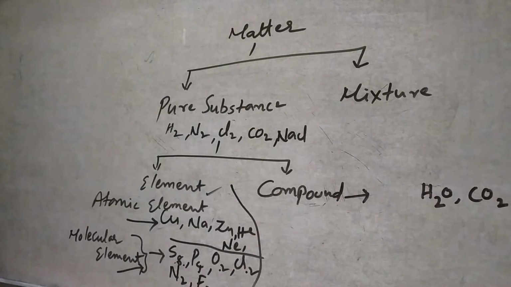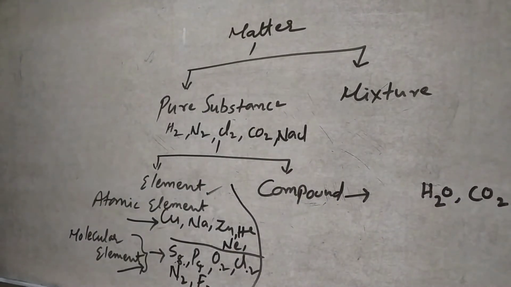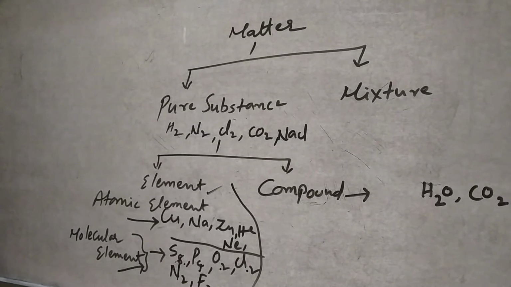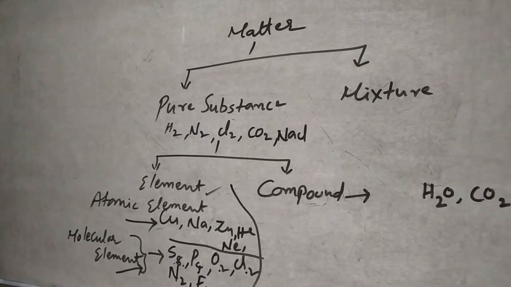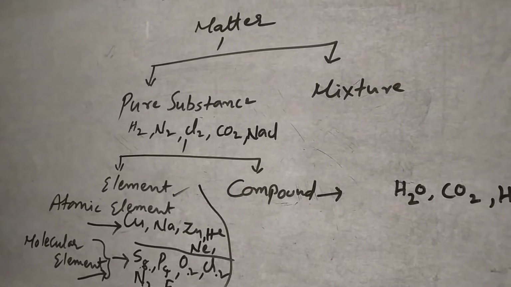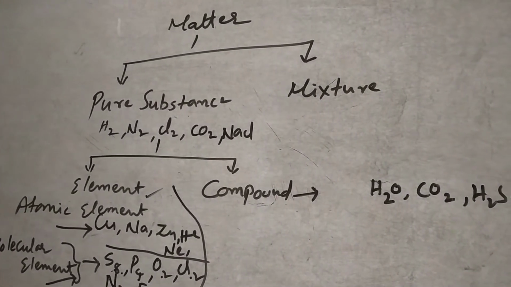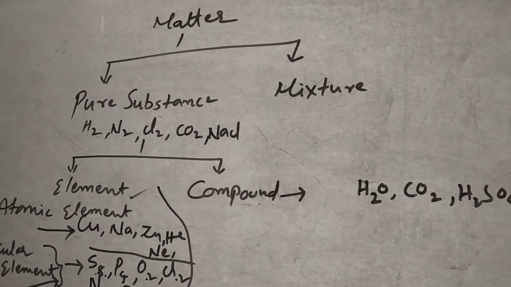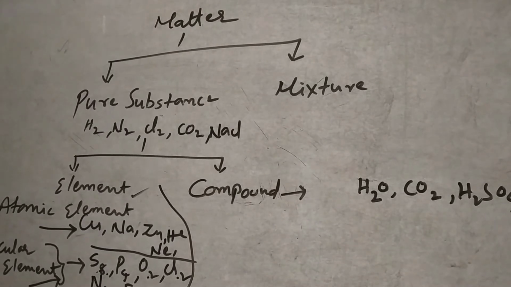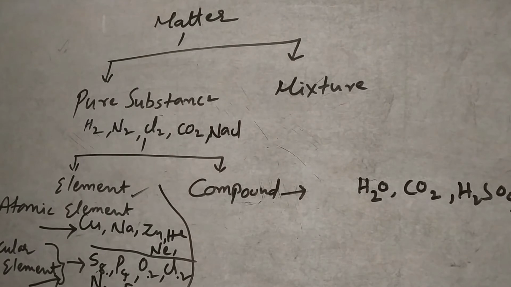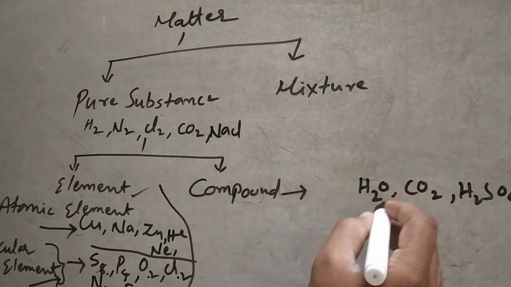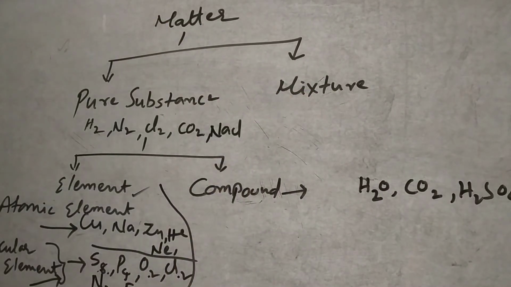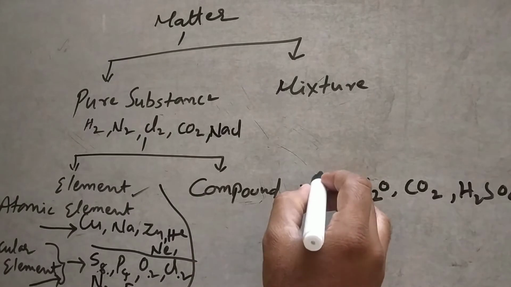Compound means two or more atoms are combining. In H2O, H and O combine; in CO2, C and O combine; in H2SO4, H, S and O combine to form molecules. So it is in the form of molecular state, and that is why we can call them molecular compounds.